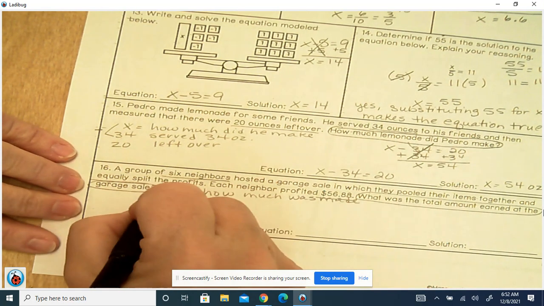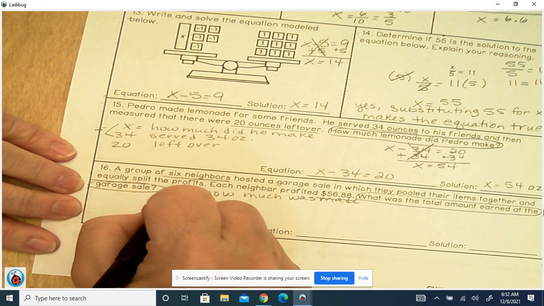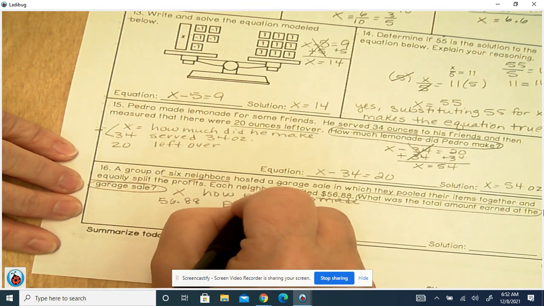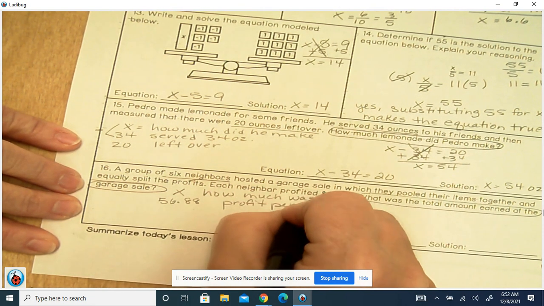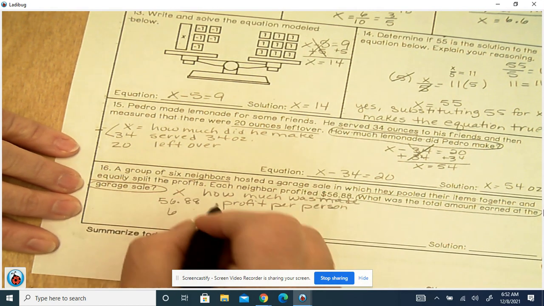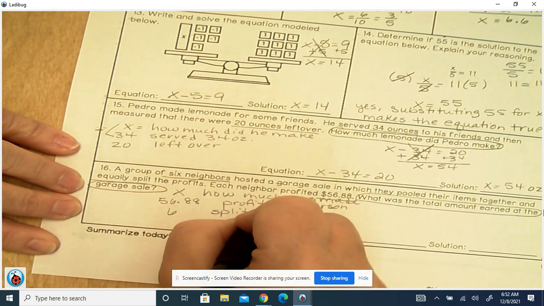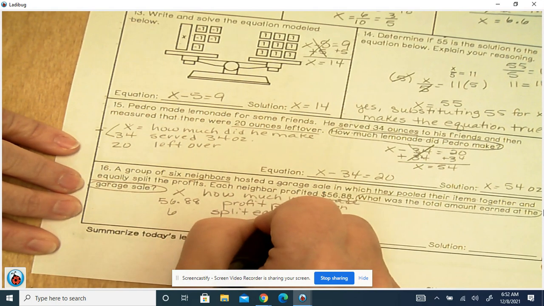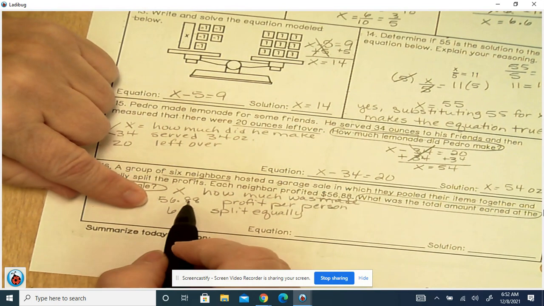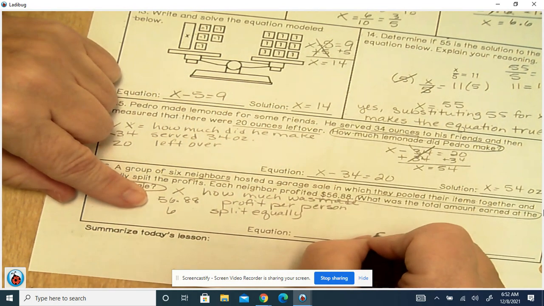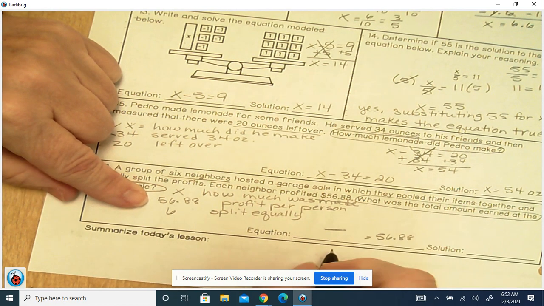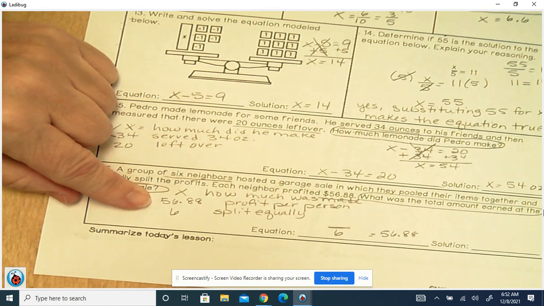Their profit was $56.88 per person, and then it's divided up by 6, split equally 6 ways. So I'm going to put 56.88 right here. Split is division, so split 6 times.